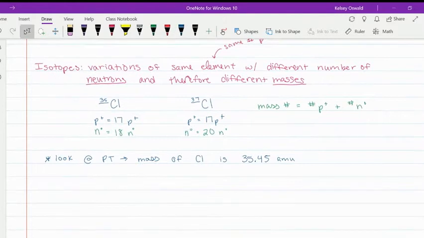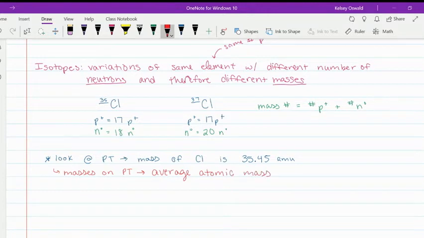The reason is that the masses on the periodic table, we're going to call these our average atomic mass.